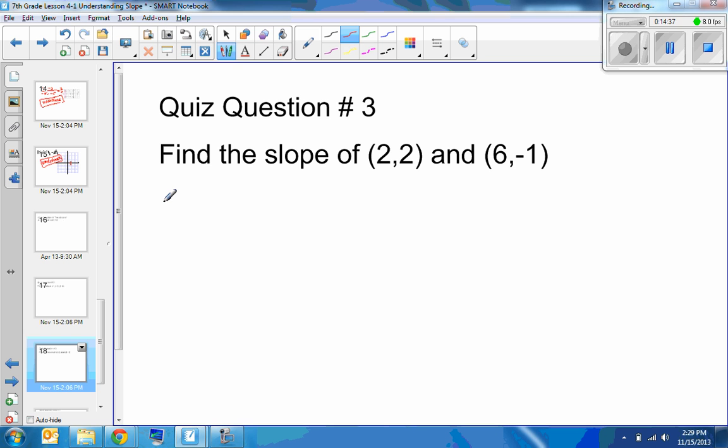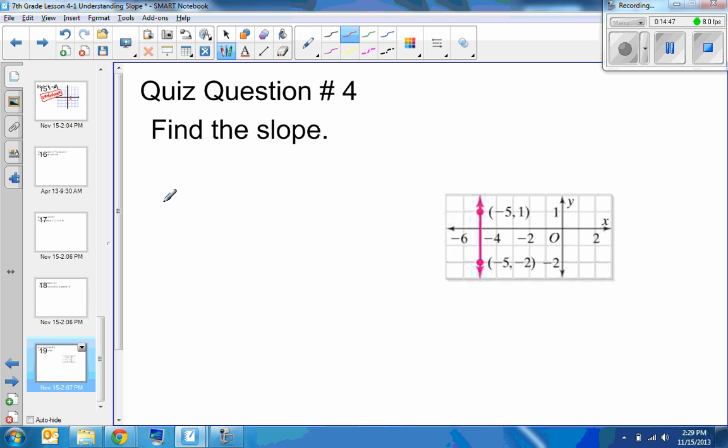Quiz question 3, you can graph it and count, or use the change in y over the change in x. And quiz question 4, again, horizontal and vertical lines. Go back and remember, if it's vertical, what type of slope? If it's horizontal, what type of slope?